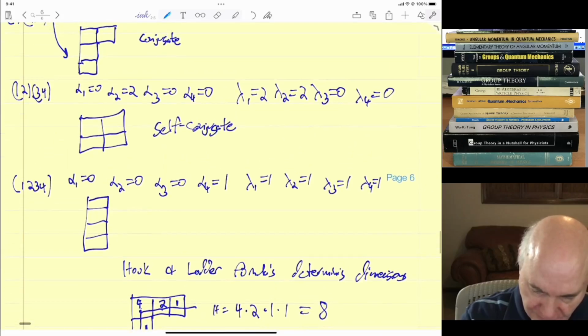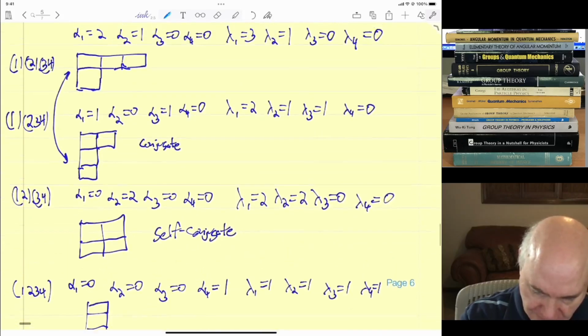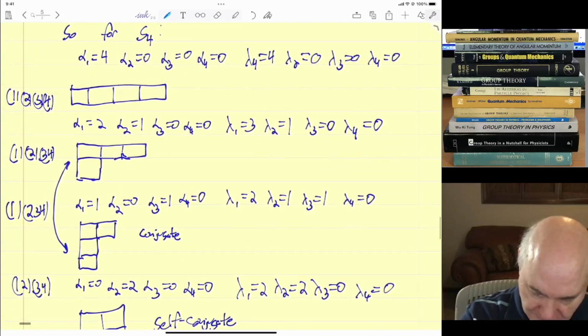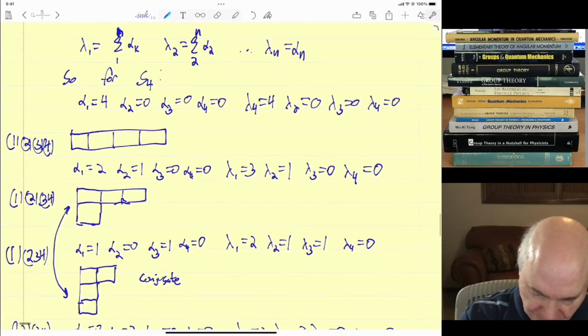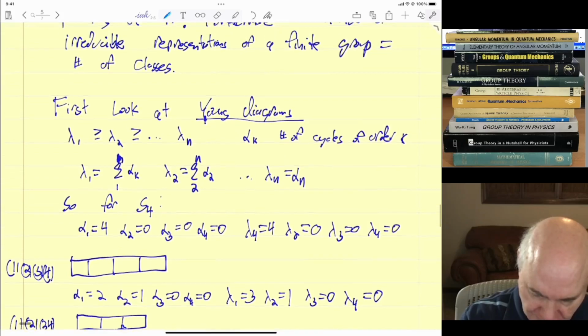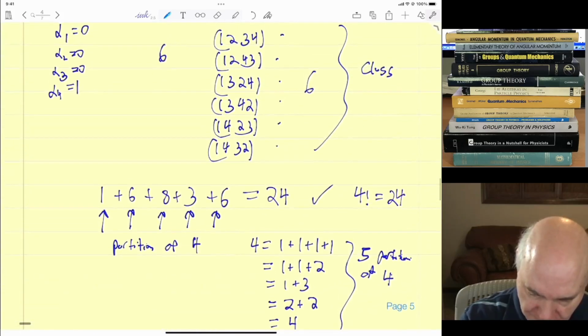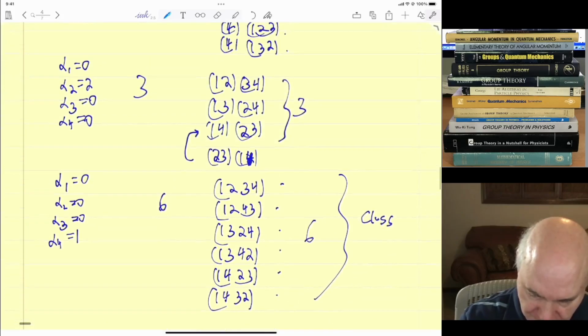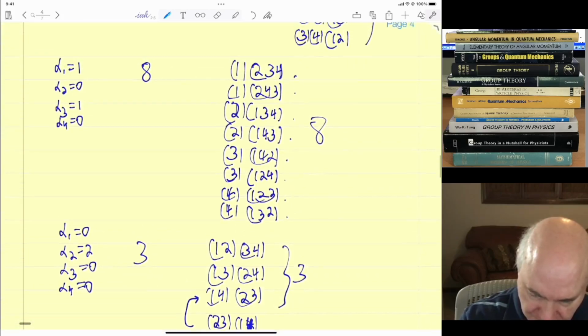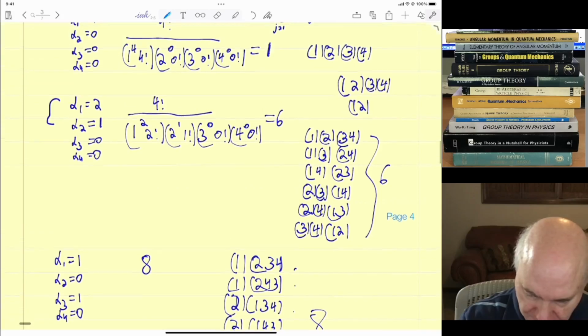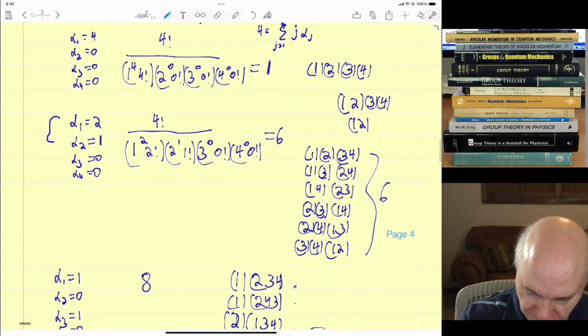I just want to see one thing. So here, how many cycles did we have for that 2 1 1? This we had six, 6 permutations.